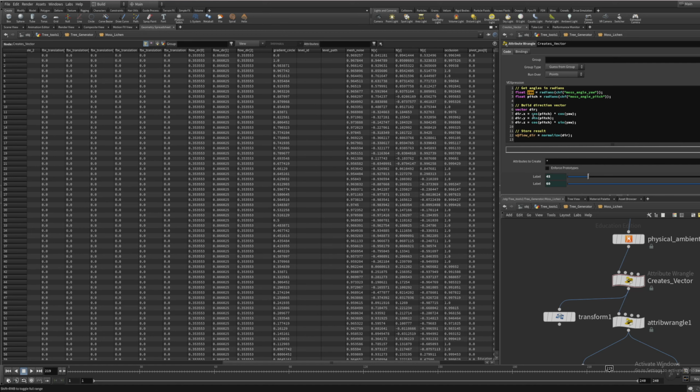So we've got here the direction of x. This number that's being calculated is actually cos pitch multiplied by cos yaw, and that's given us this x direction.